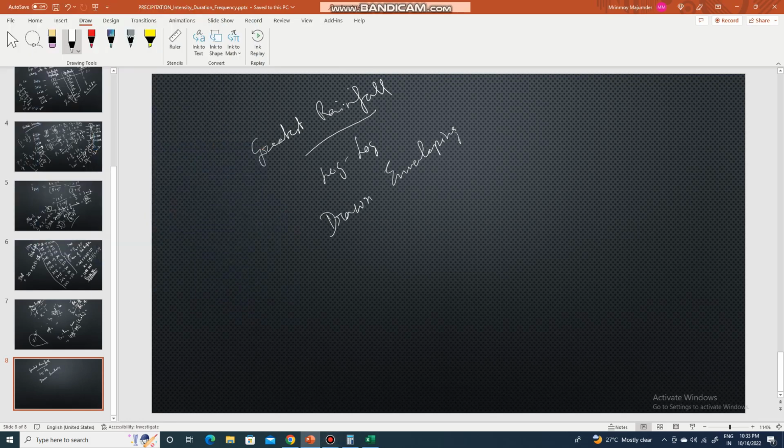What they found is a relationship between the mean rainfall and the duration of the rainfall, which states that mean rainfall is equal to 42.16 multiplied by the duration of the rainfall to the power 0.475.